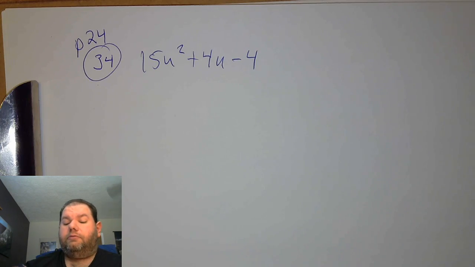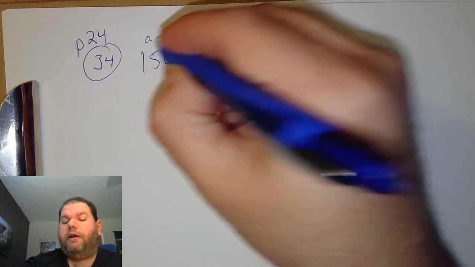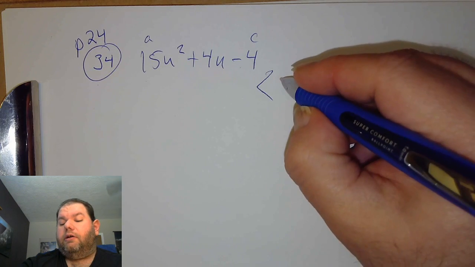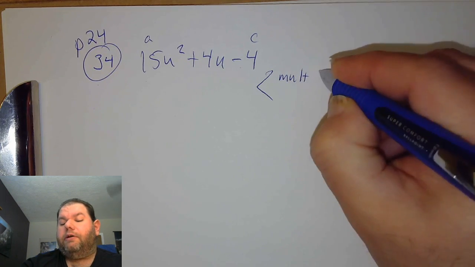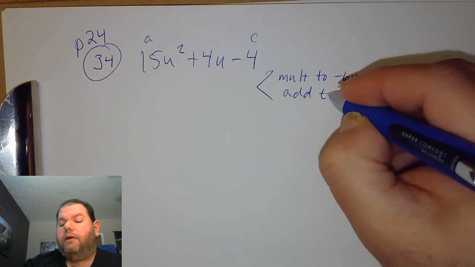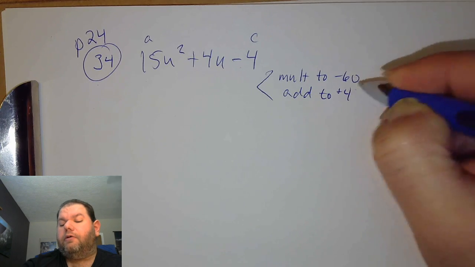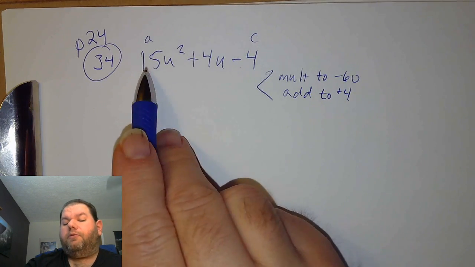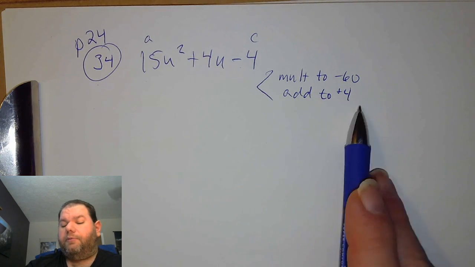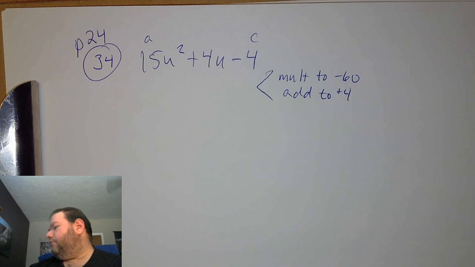Now again, we have A and C. Multiply those together as negative 60. So we want two numbers that multiply to negative 60 and add to B, which is positive 4. And again, there's different ways that this could happen, but only one way in which the numbers also add up to positive 4.